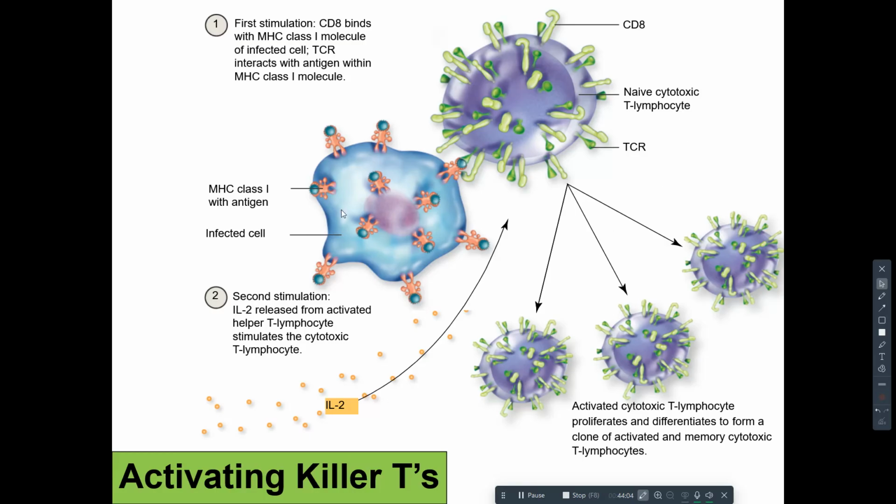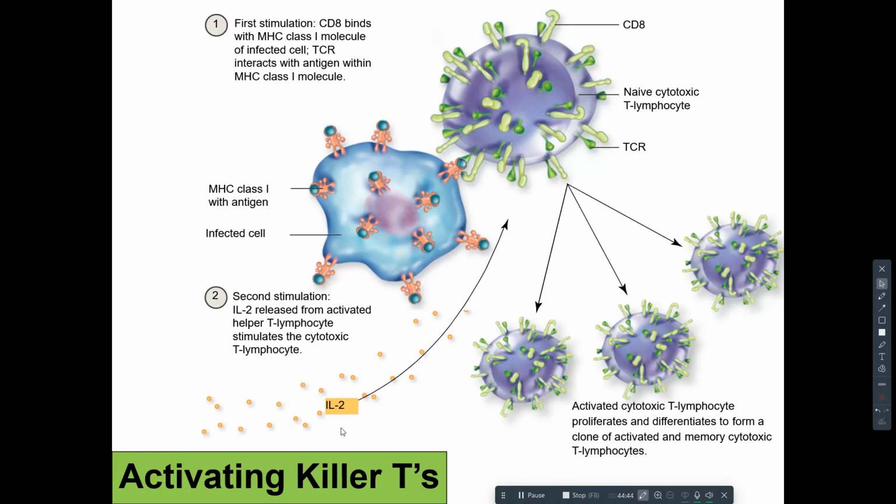So here is the infected cell. The infected cell has got viral antigens on its MHC1s. It has bumped into a naive cytotoxic T cell. Not any old random one, of course, but one with the correct receptor, the specific receptor. In response to this binding, this naive cytotoxic T cell is going to divide, making activated ones for this infection plus memory ones for next time.